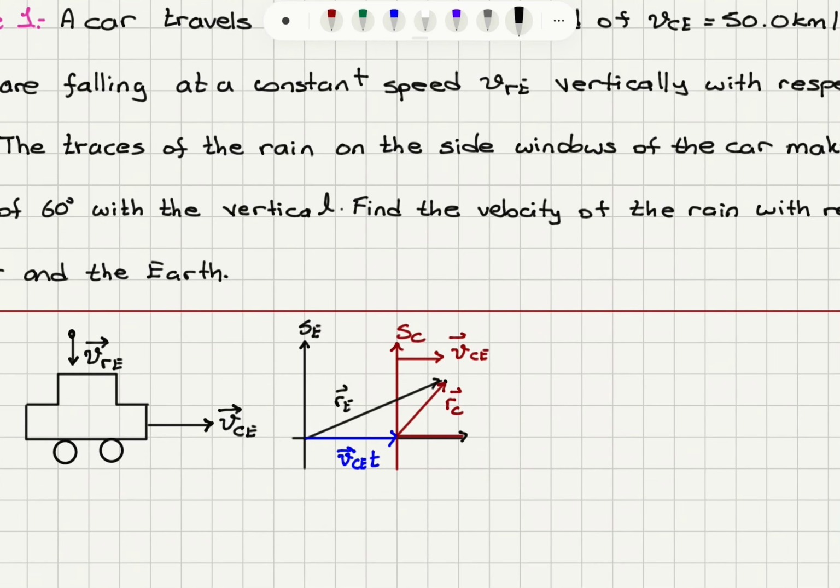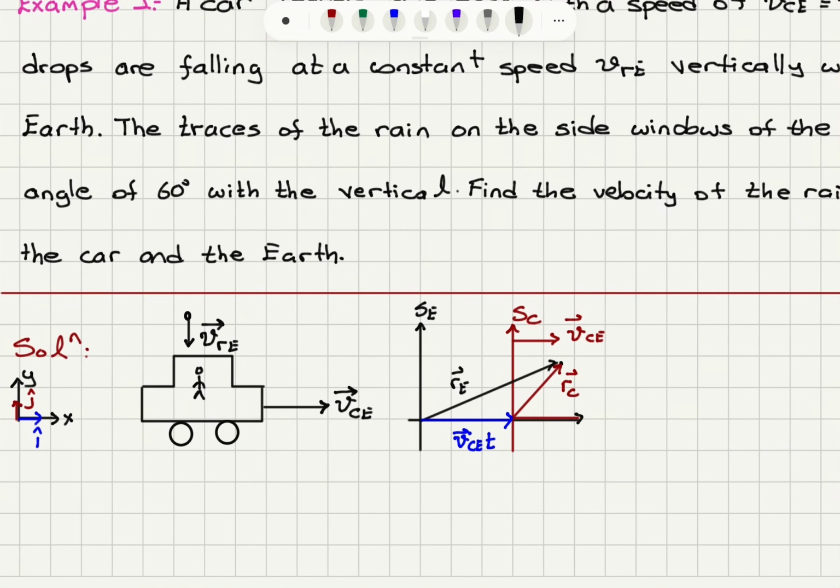The Earth reference frame is fixed. The car reference frame, that is, there is an observer in the car. The car reference frame is moving at a constant velocity VCE with respect to the Earth reference frame due east. So it's in plus i hat direction as I have shown here.